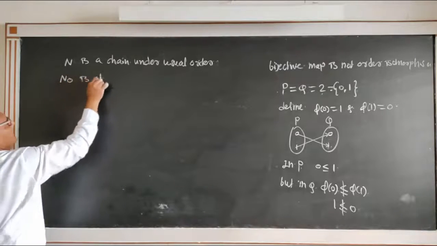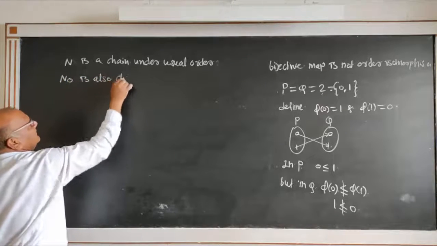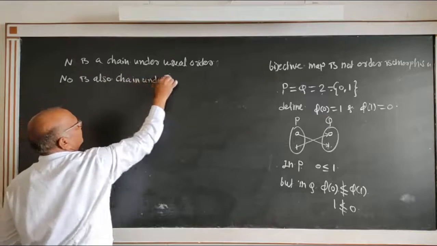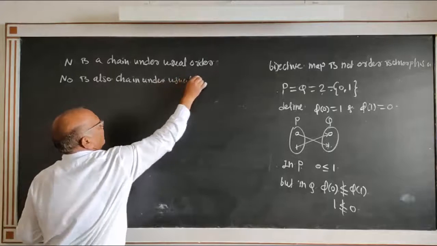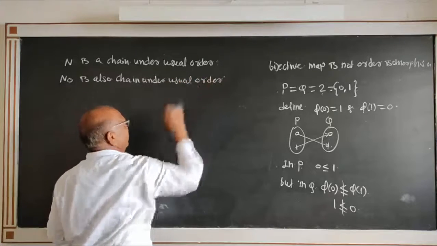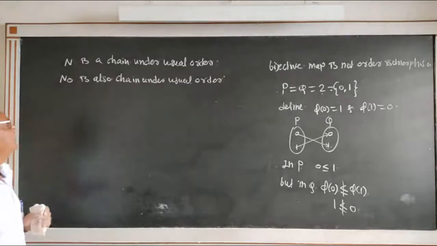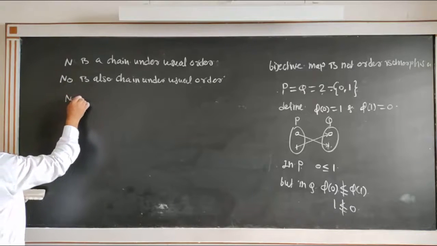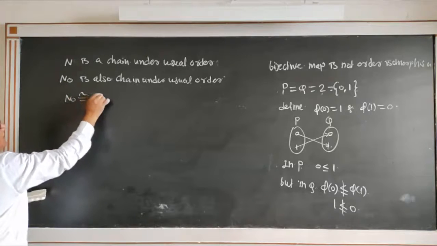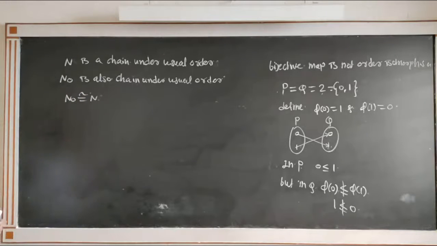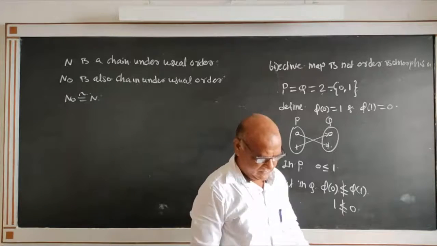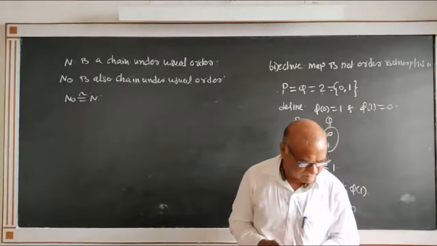N0 is also a chain under the usual order. Let us take the usual less than or equal to. Okay. See here, N0 isomorphic to N. Here, the successor function.